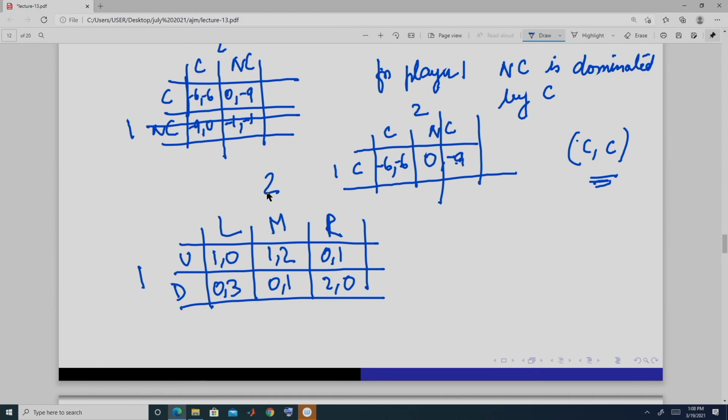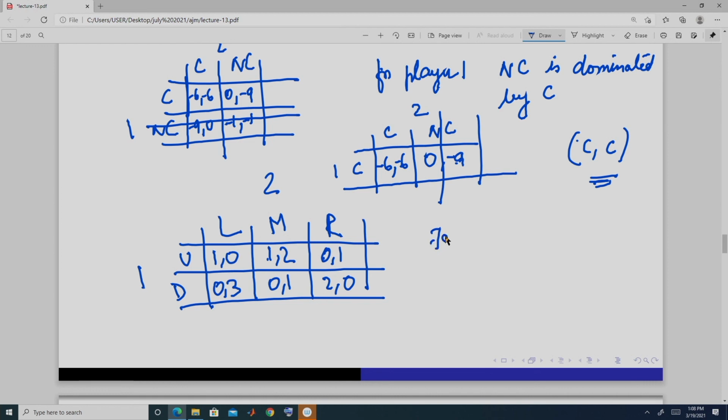Here, if we take player 1's U and compare it with D: 1, 0, 1, 0, 0, 2. For these two, this dominates this, but for this, U gives more than D. So, we cannot eliminate any action for that. But if we compare this M and R, we will see that 1 is less than 2, and 0 is less than 1.